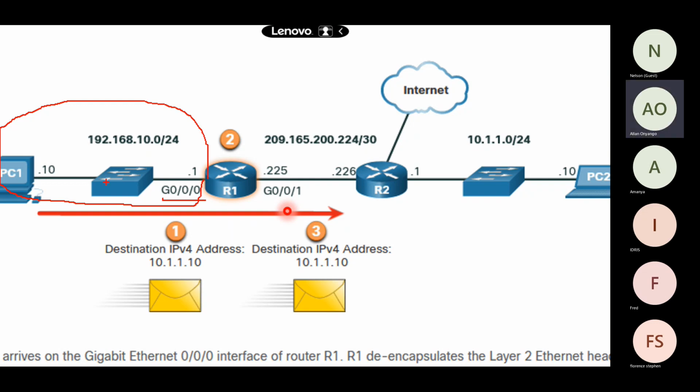The presence of the switch just allows you to connect more devices. If you have one interface G0/0/0, you can connect a PC directly to it. But if you have 20 PCs, you cannot connect all of them to this router interface. What do you do?